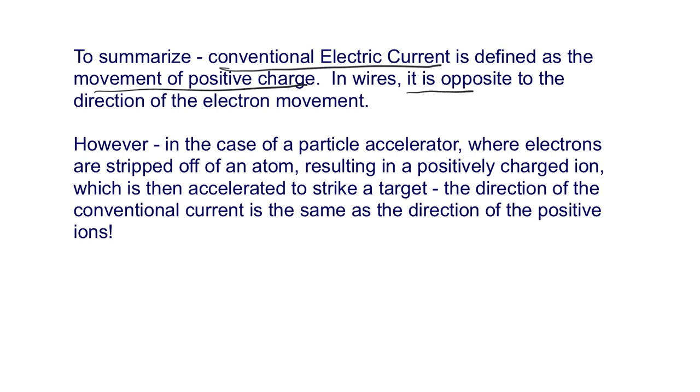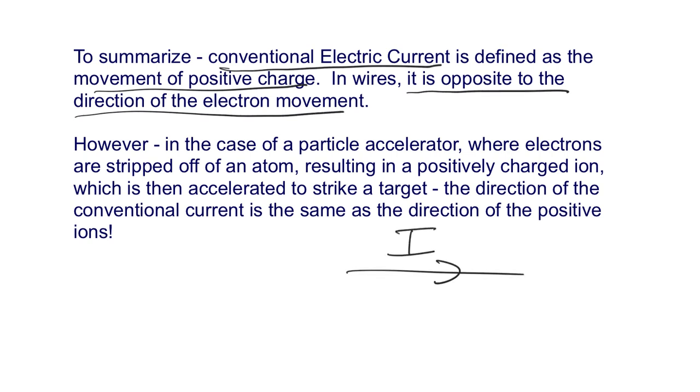So it's really opposite to the direction of the electron flow. So if I have I going this way, conventional current, really the electrons are flowing through the wire this way. Okay, so you're going to have to do that mental flip. Doesn't really matter because whether it's electrons or positive particles flowing the opposite direction, it has the same effect.